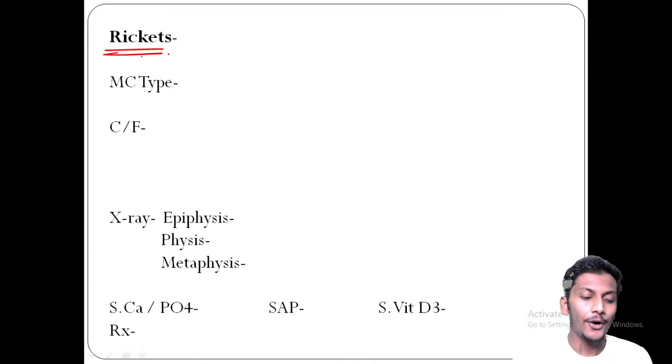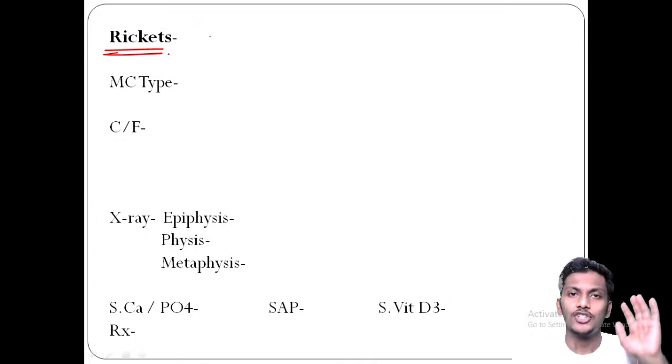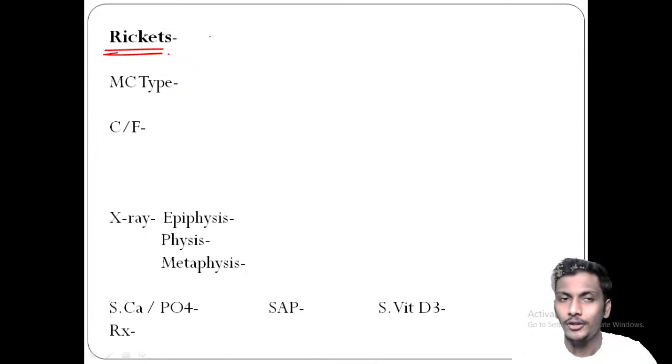So the important points that you need to know about rickets. We have already discussed different types of diseases associated with cells and with protein. One of the diseases is associated with defective or decreased mineralization of the bone. If minerals are less in the body, and calcium and phosphate are less, that would lead to deficient mineralization of the bone.